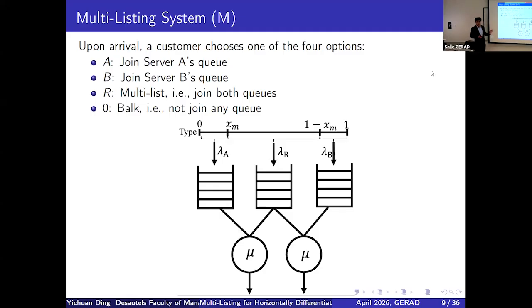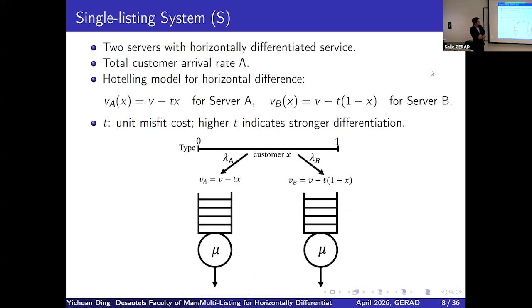Any questions so far about the model formulation of the three different designs? I have a question about single listing. You mentioned that one might be empty and the other congested. But in reality, people may look at the past record of the acceptance rate. If the acceptance rate of a certain housing is very low, they may hesitate.